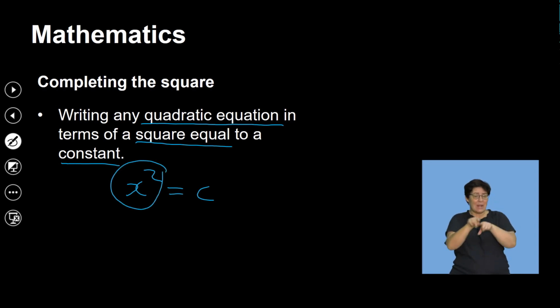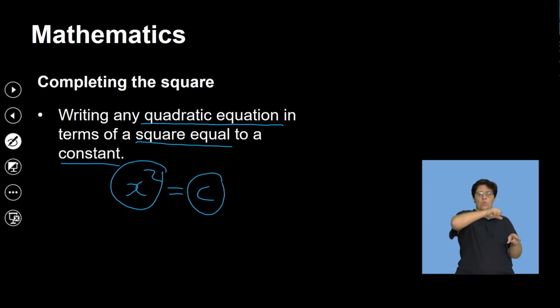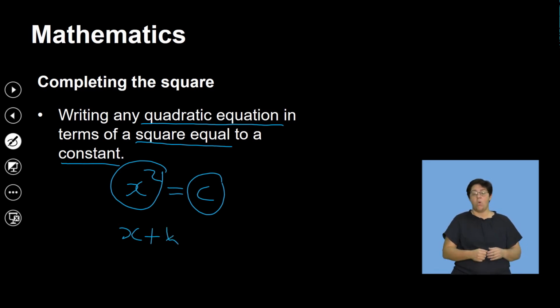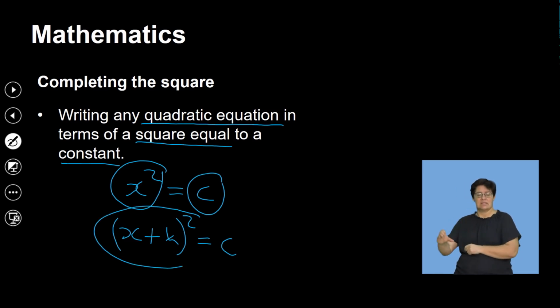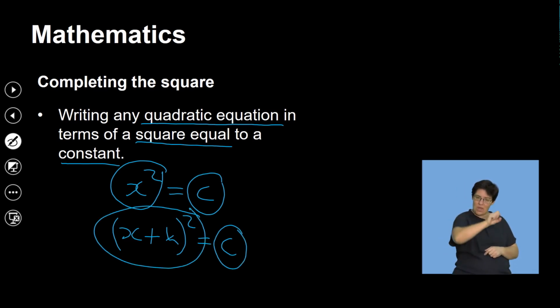This is a square and this is a constant. Or (x plus k) all squared equals c. This is a square and that is a constant. That's what completing the square is all about. Then you can take a square root on both sides and solve for your x. But we'll talk about that.